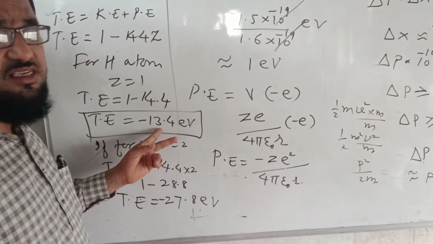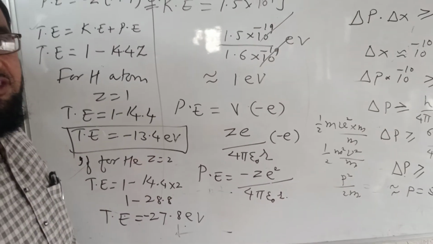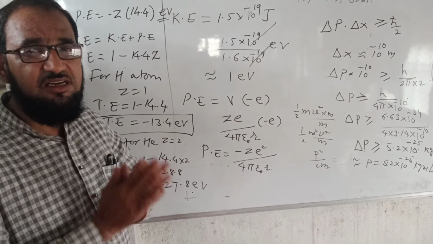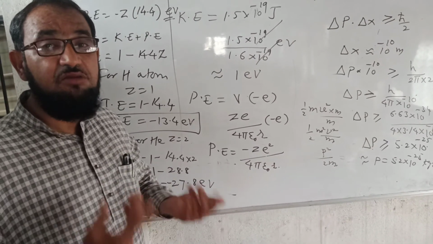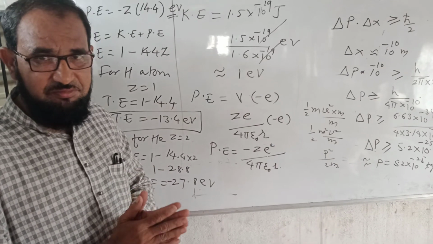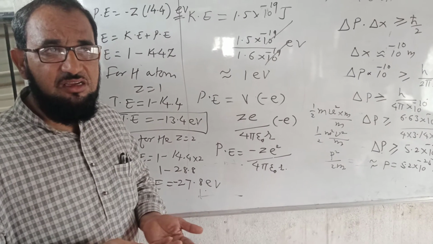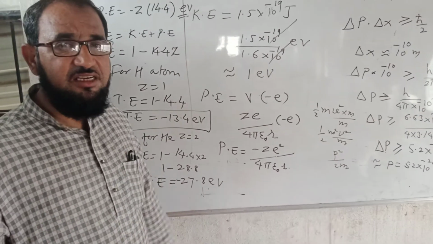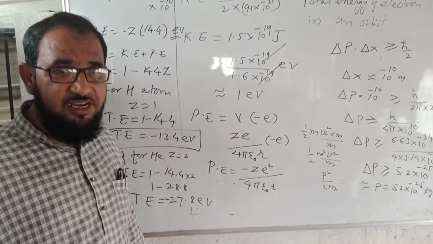This answer is in perfect agreement with the theoretical value of the total energy of the electron in the first orbit, minus 13.6 electron volt for the hydrogen atom, as we calculated using Bohr's theory.